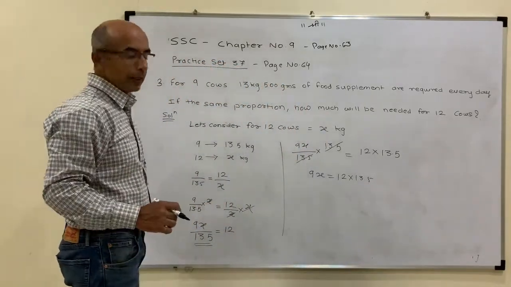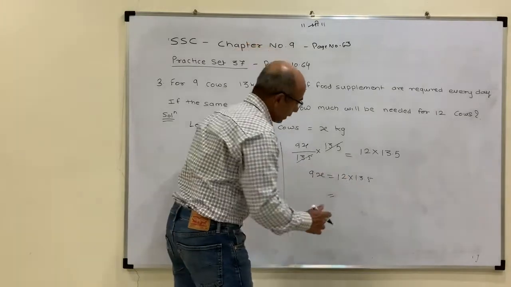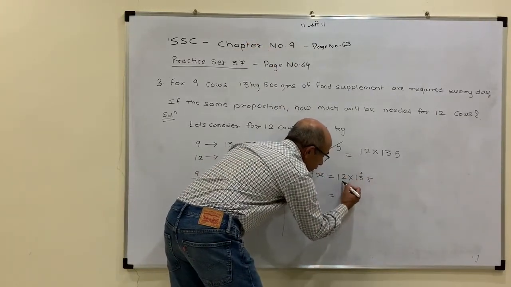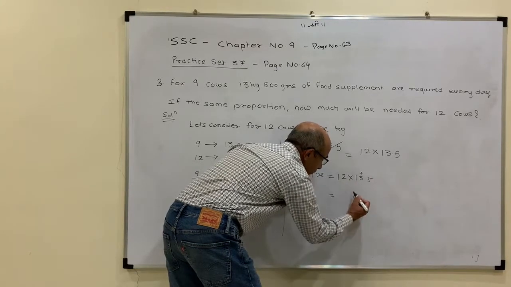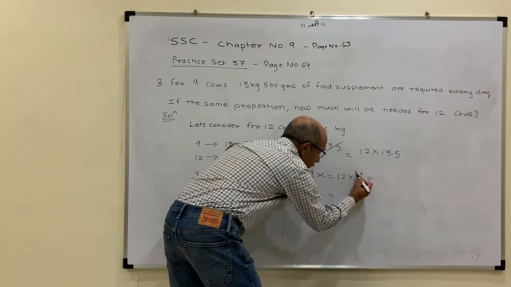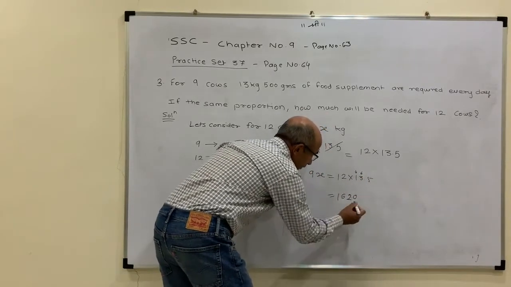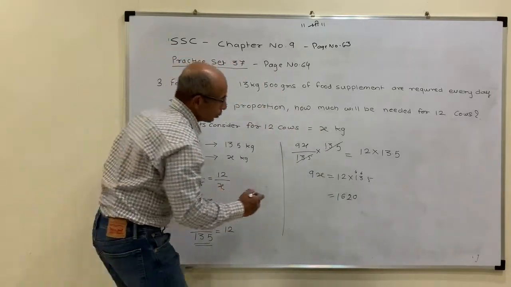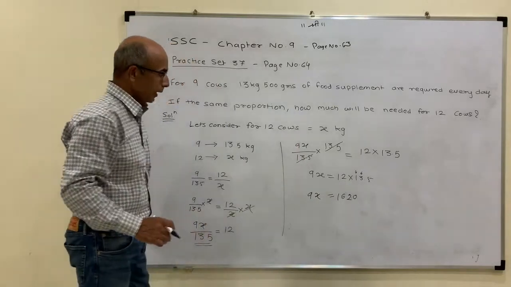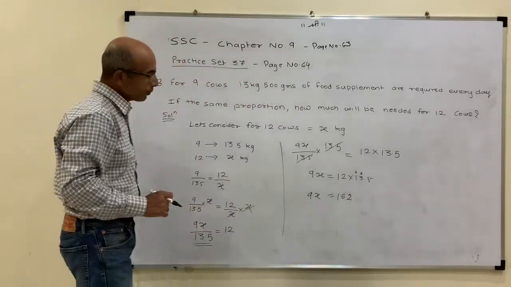You have to do this calculation in rough. 12 5s are 60, so 6 here, 12 3s are 36 plus 6 is 42, 12 1s are 12 plus 4 is 16, and 1 decimal place. So 9x equals 162. Since it's a decimal place, I don't write 0.